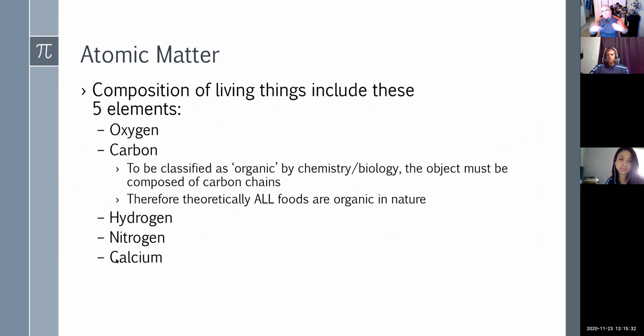So, composition of all living things. Pretty much everything that lives has oxygen, carbon, hydrogen, nitrogen, and calcium. It's really interesting that in a chemistry or biological sense, an organic object must contain carbon chains, right? That means all food that you eat theoretically is organic.